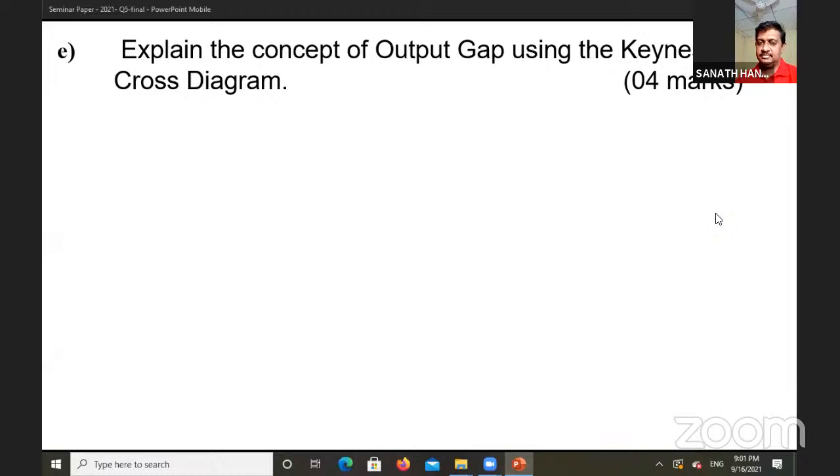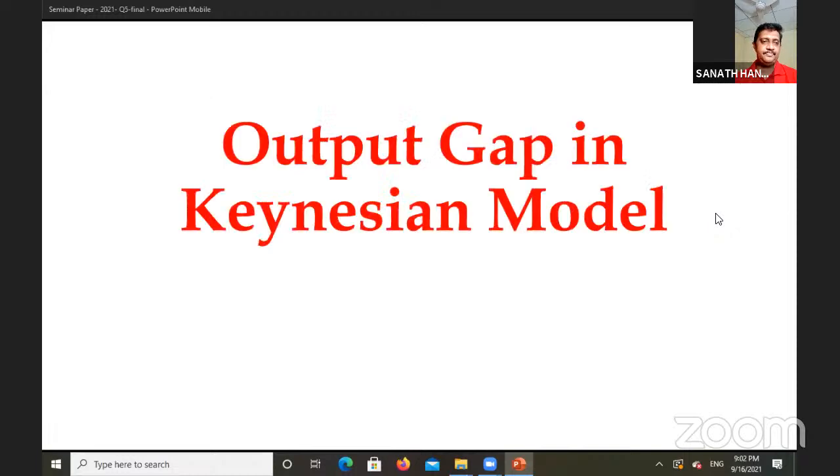Here they specifically say to explain the concept of output gap using the Keynesian cross diagram. So you have to present the output gap using the Keynesian cross diagram.